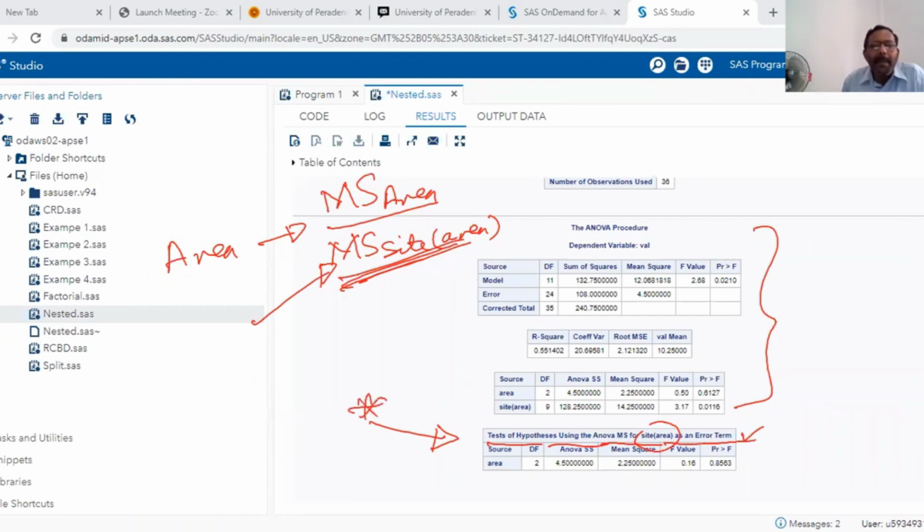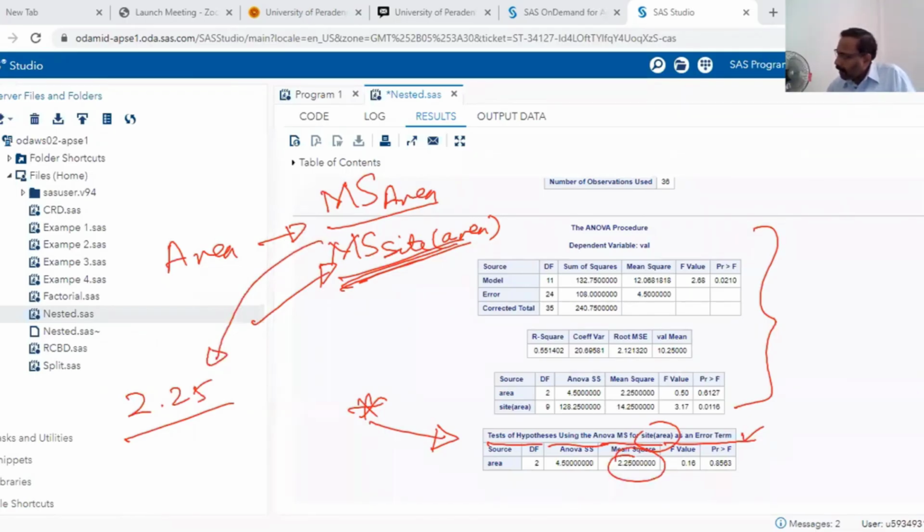In this case, no problem because the values are very small. The mean square of area is 2.25, right? What is the mean square of site within the area?